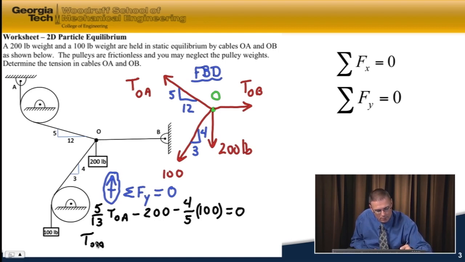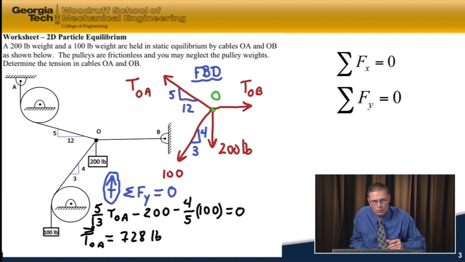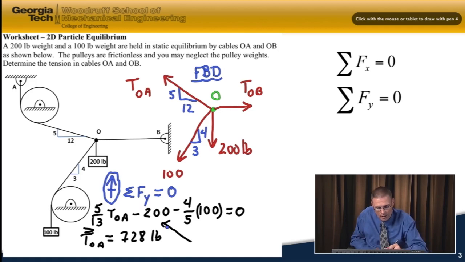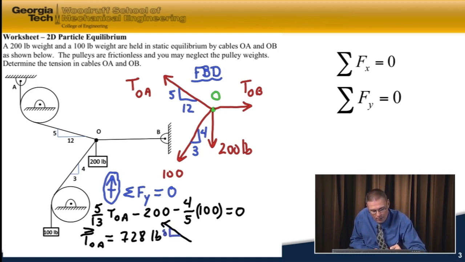TOA is equal to, it'll come out to be 728 pounds. If I want to express it as a vector, I have to show the direction as well. And so it's going to be up and to the left on a 5 on 12 slope.